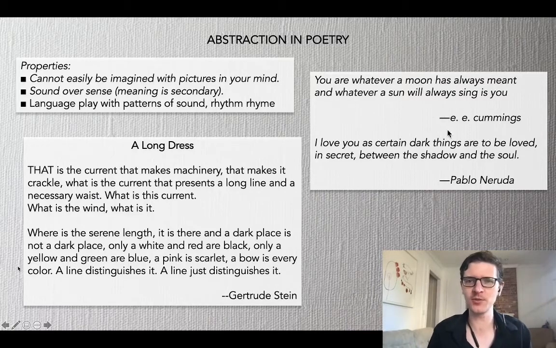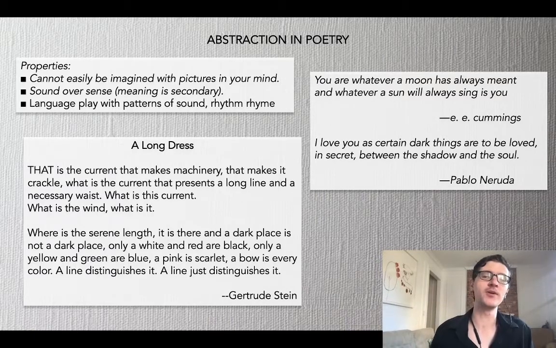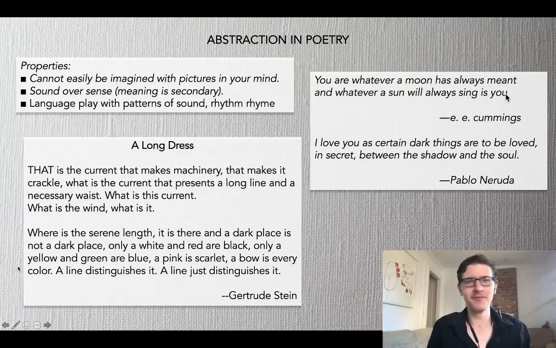So let's check out the one on the right over here first, by E.E. Cummings. So it's just a line from a poem. You are whatever a moon has always meant, and whatever a sun will always sing is you. Beautiful, right? What does it mean? I don't know. And that's what he's doing, right? So whatever a moon has always meant, it's lovely, and it sounds great, and whatever a sun will always sing.